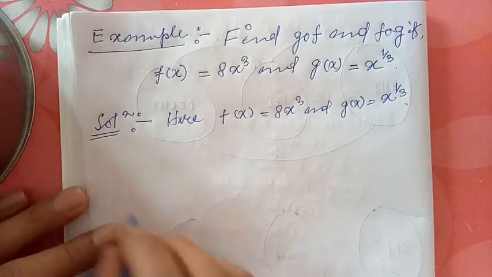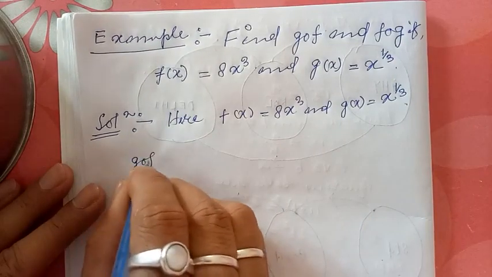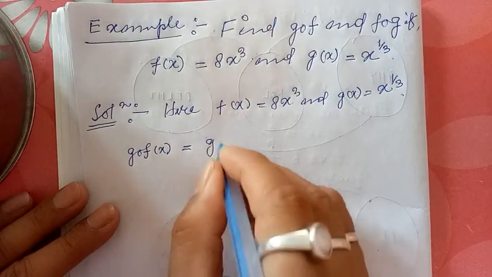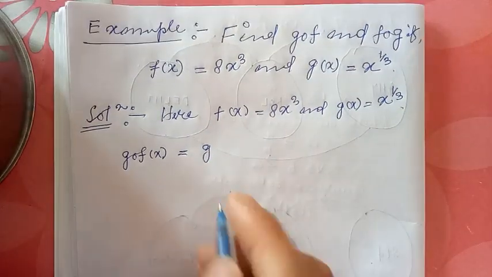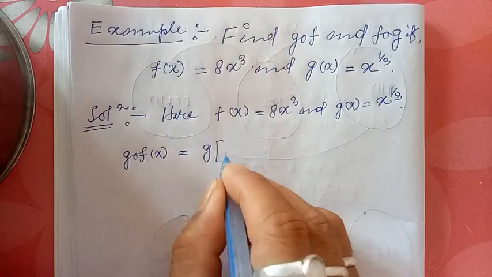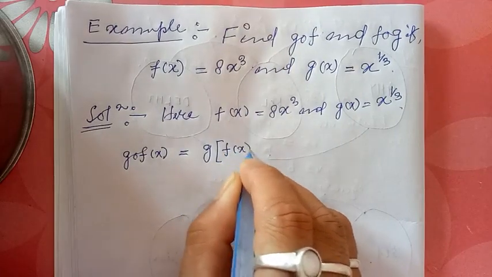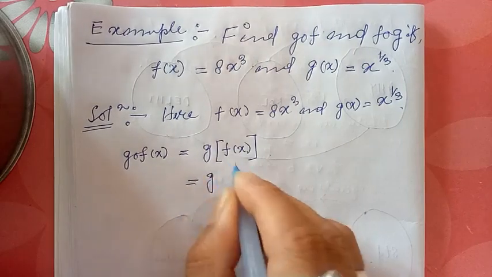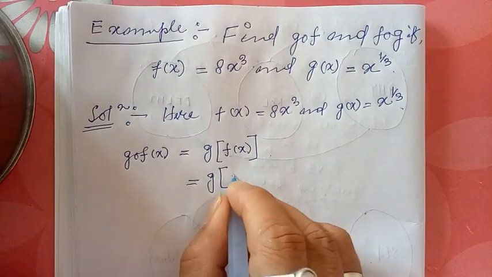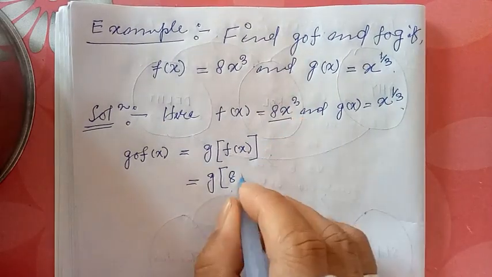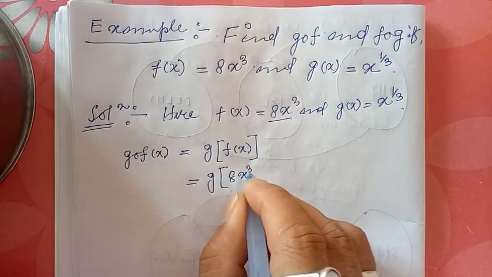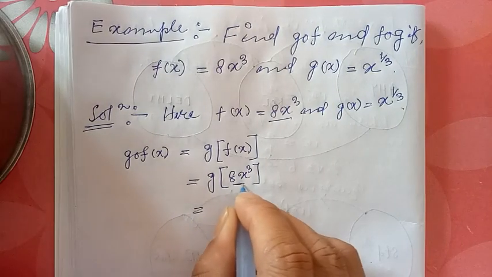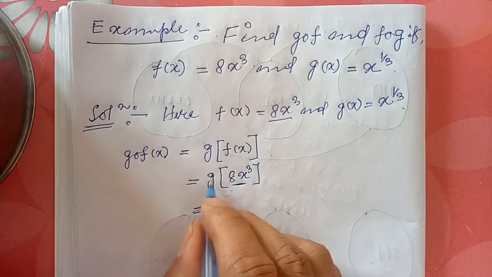For finding g o f, we write g o f equal to g of f of x.